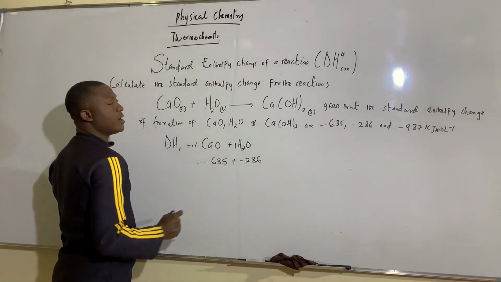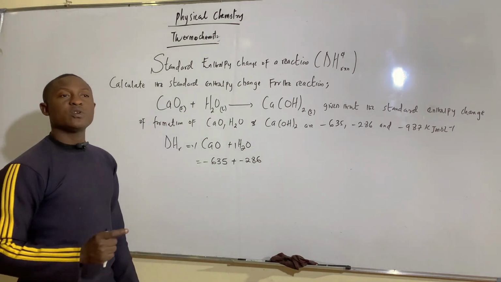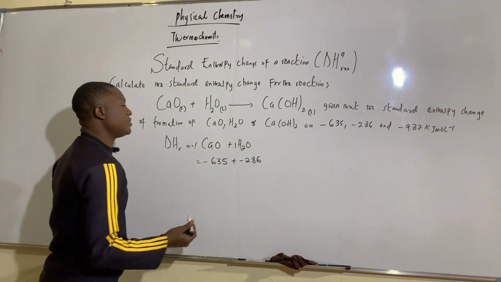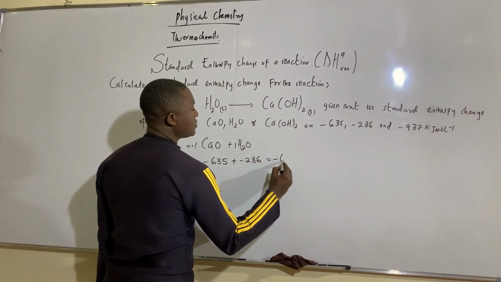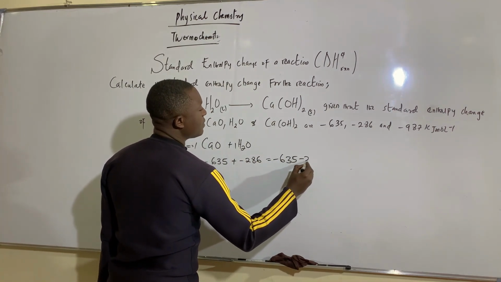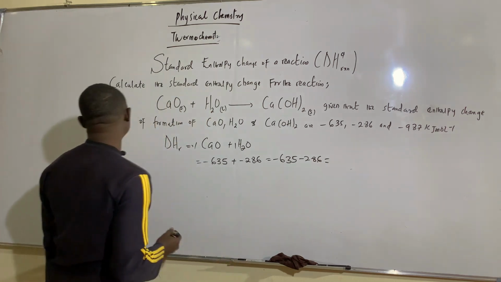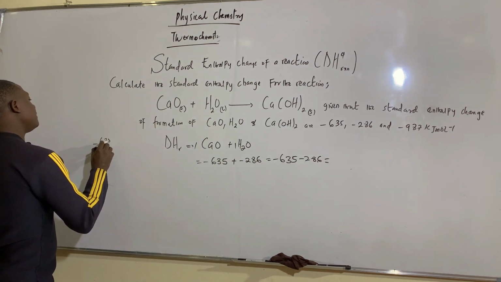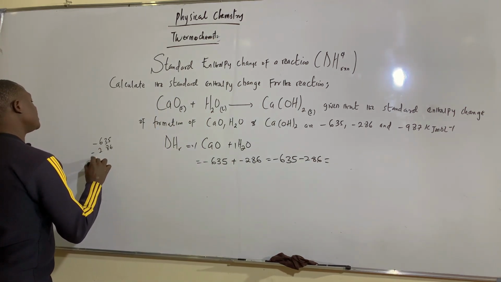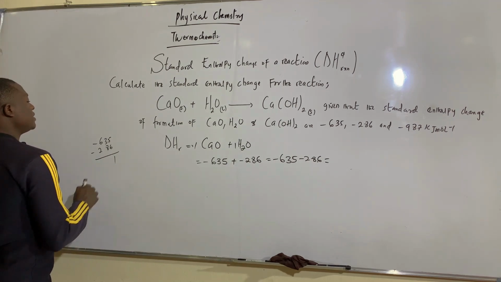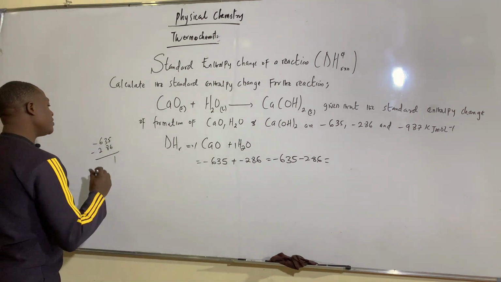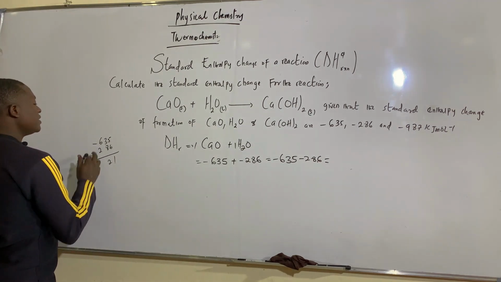But we know if plus and minus come together, what are we going to have? Yeah, we are going to have minus. So here I can have minus 635 minus 286. So this is 1. Then this is 3 plus 8 is 11 plus 1, we are going to have 12. This is 8.